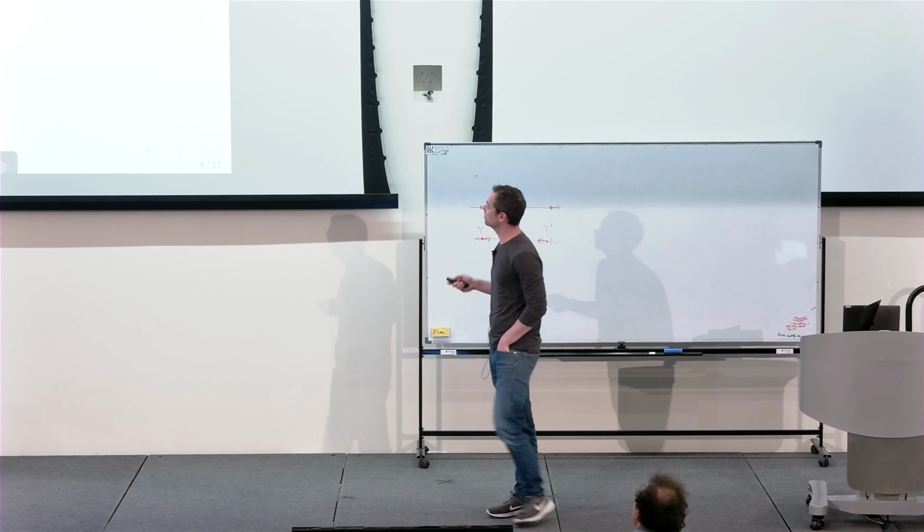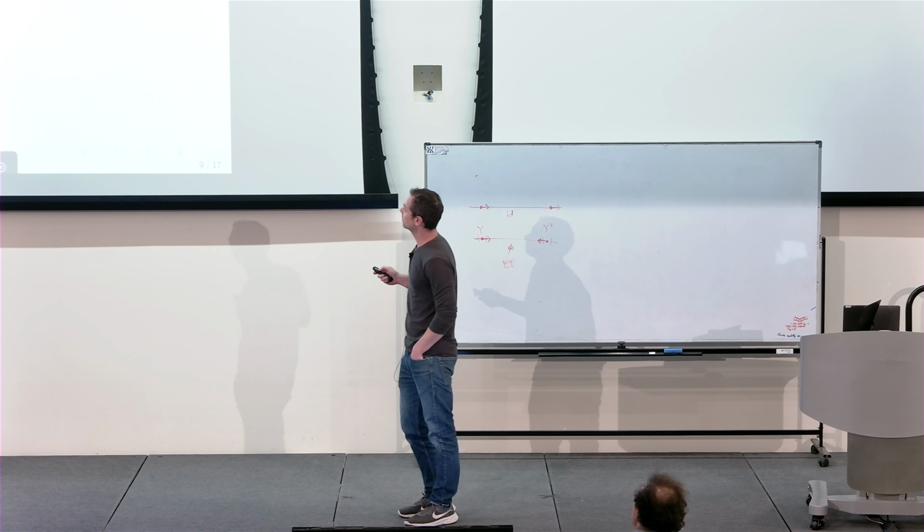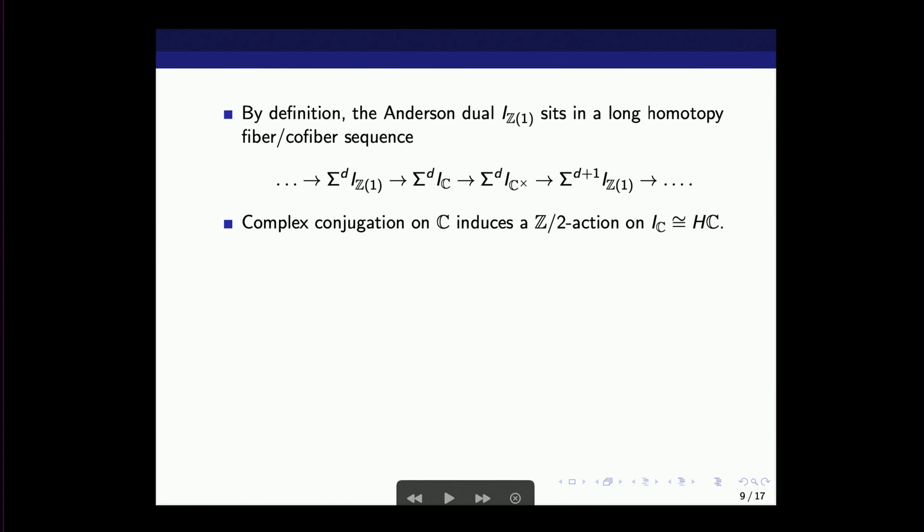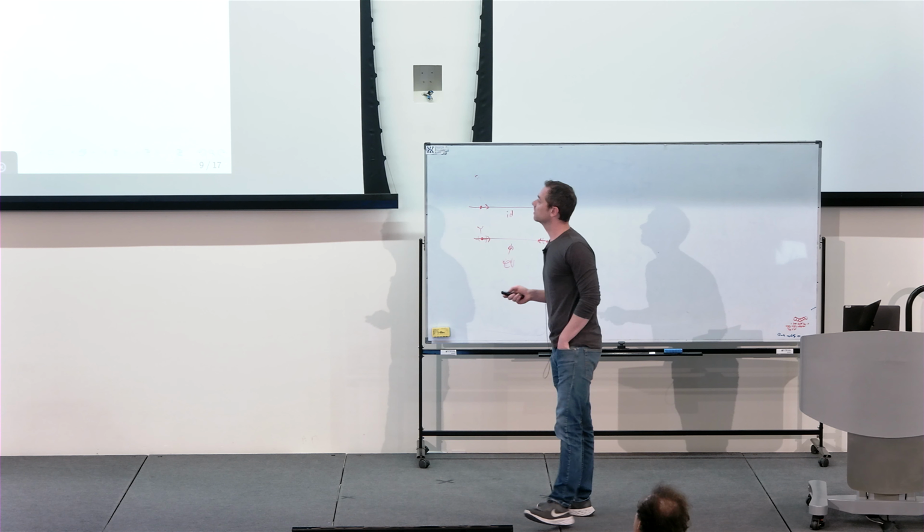So the Anderson dual sits in a long exact sequence like this. There's an exponential sequence, and it induces this sequence the same way it would on ordinary cohomology with coefficients in C and C, units of C here.